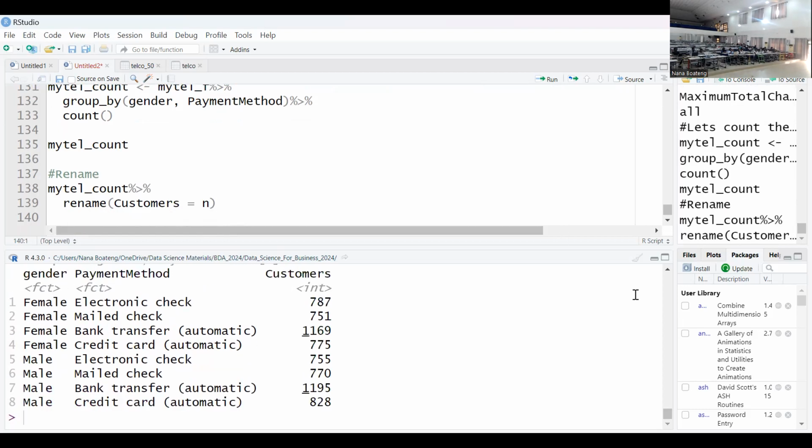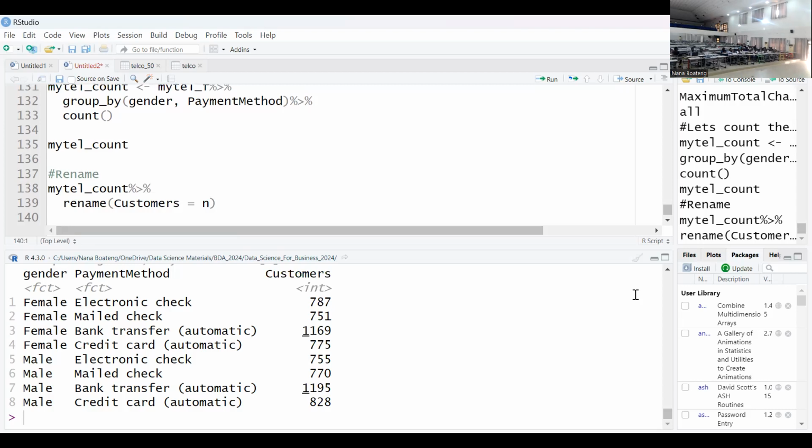So you see that now it's no longer N. You have customers there, which makes much more sense if you are presenting to an audience. So what I was saying is that we took the mytel count out and then piped that into rename.